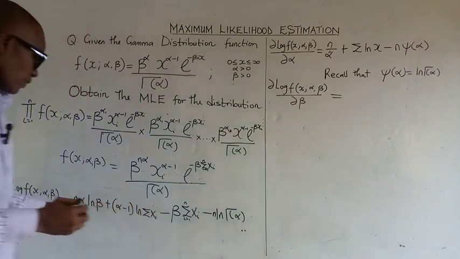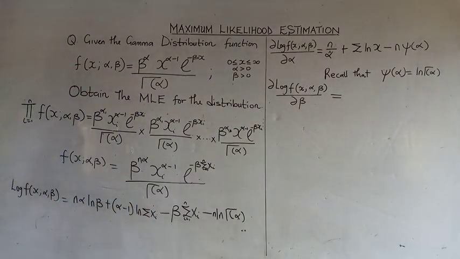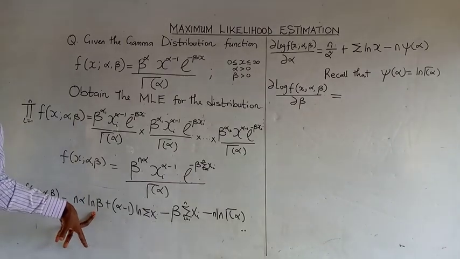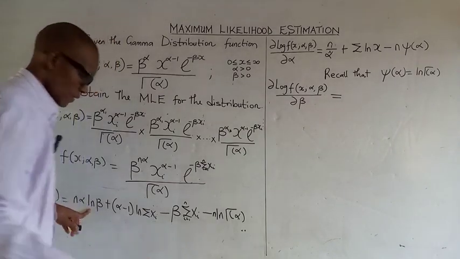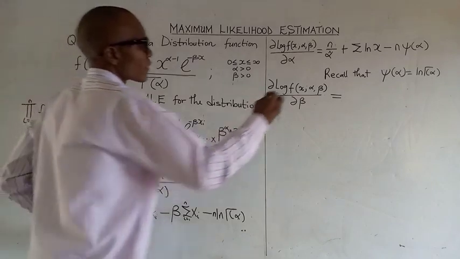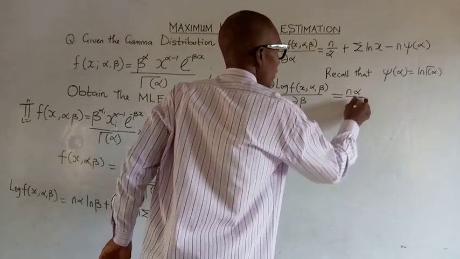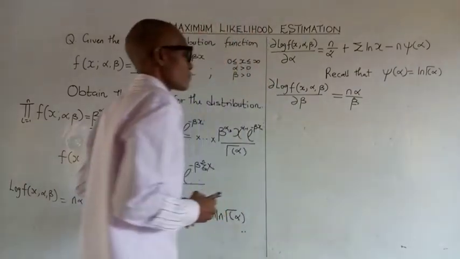So if we check from here, as we are differentiating with respect to b, we first differentiate this, and this will give us n alpha all over beta estimate.